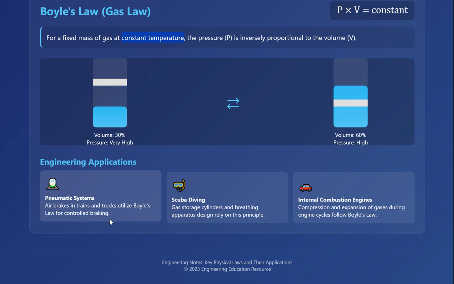When this air is compressed to a small volume, then automatically the pressure is high, and this high pressure will impact on the brakes to stop the train or the trucks.